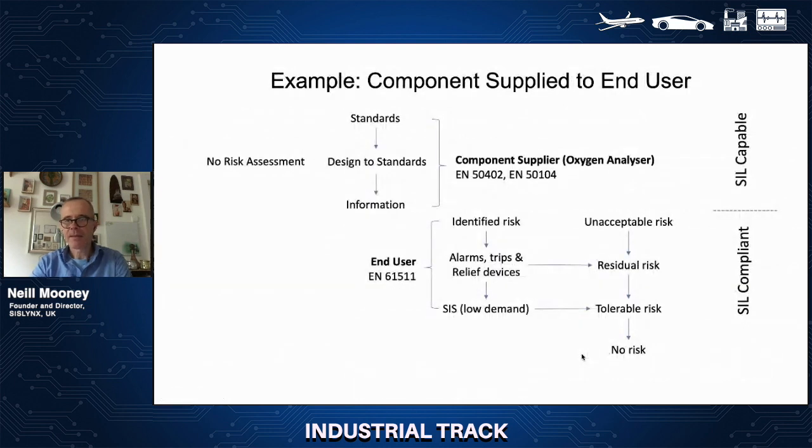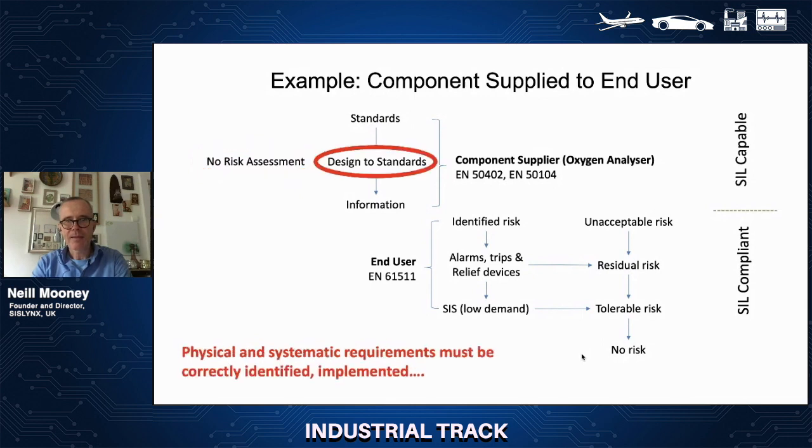So if we look at this in terms of a diagram, at the top here we have the component supplier supplying to the end user. The component supplier is still capable, the end user is still compliant. The component supplier does not undertake a risk assessment.